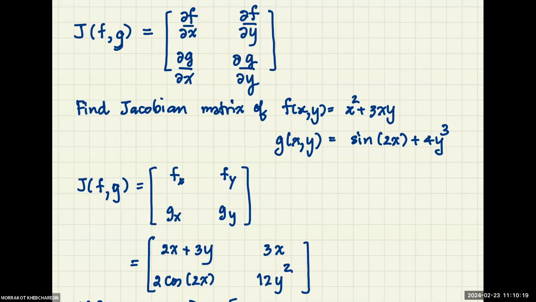The Jacobian matrix is just the matrix whose elements are the derivatives with respect to all the unknowns. So the first equation with respect to x and y, second equation with respect to x and y. So this is the partial derivative.